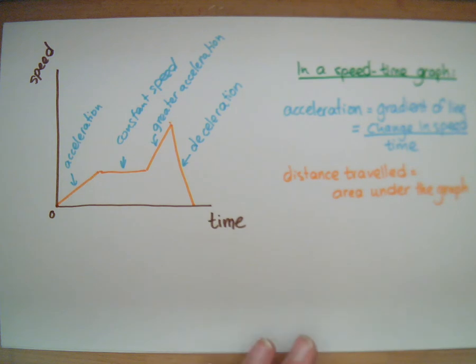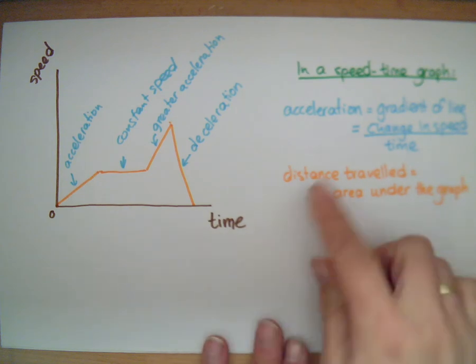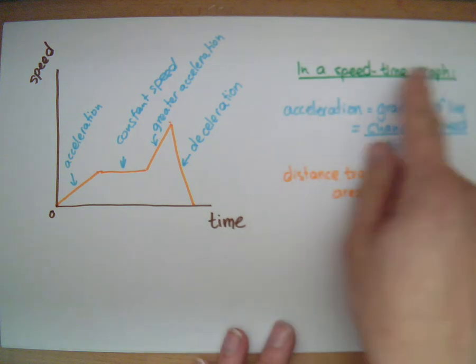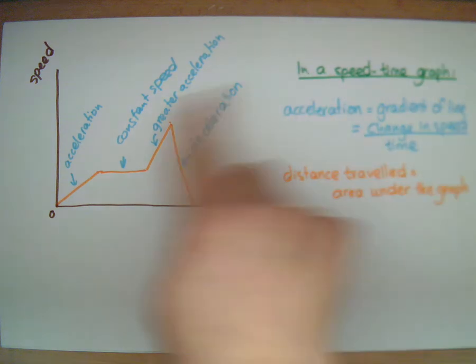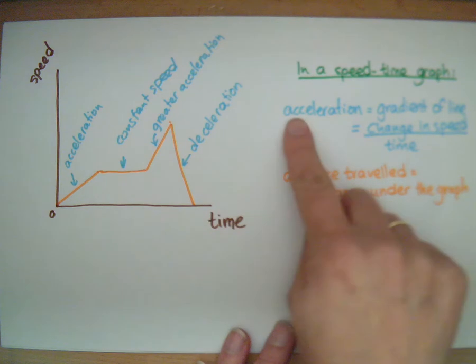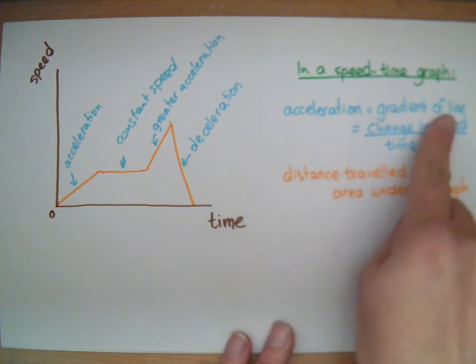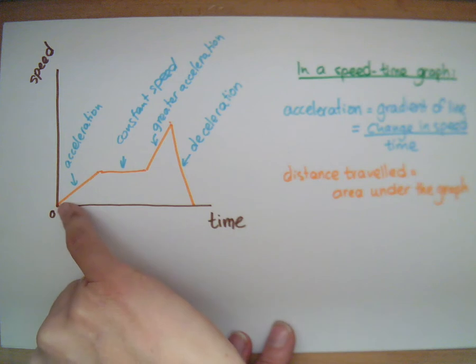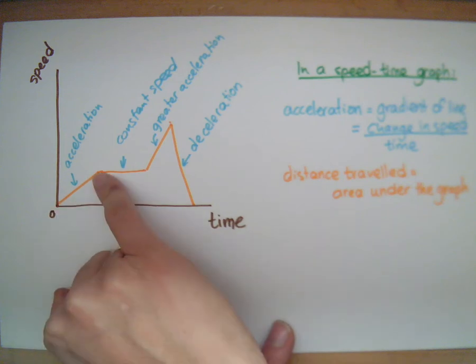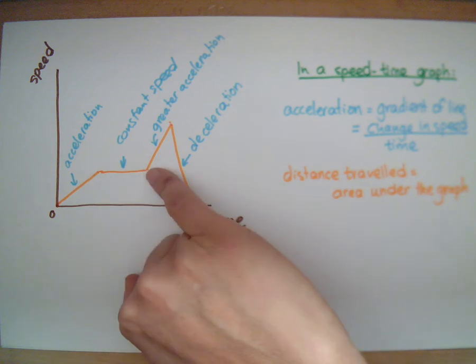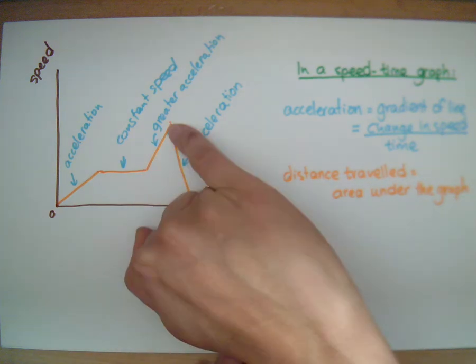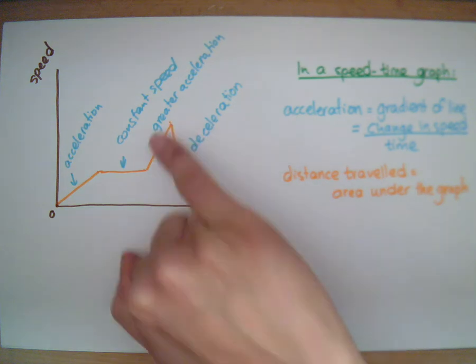Okay. There's two rules that you need to learn. In a speed time graph, such as this one, the acceleration is equal to the gradient of the line. So the gradient of this line tells us how great the acceleration is. Here the gradient is higher, so the acceleration is higher.